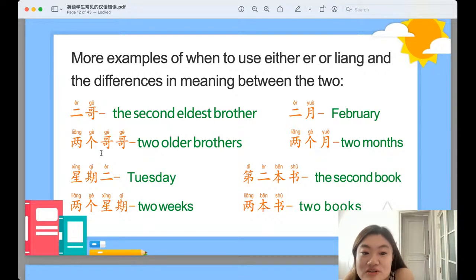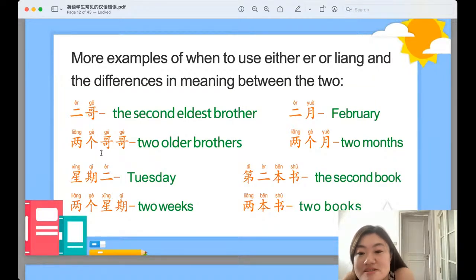Then Tuesday, we say 星期二, again putting the days of the week in order. But when you're actually counting 2 weeks, you say 两个星期.